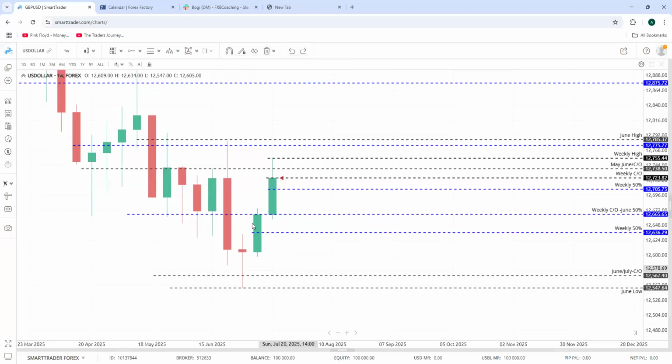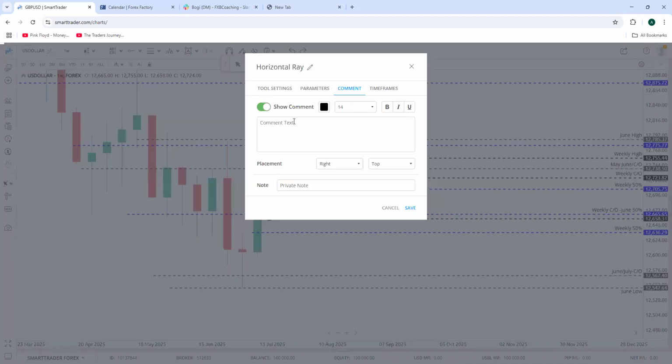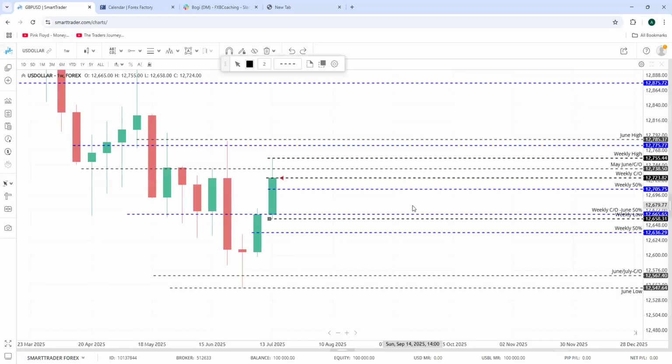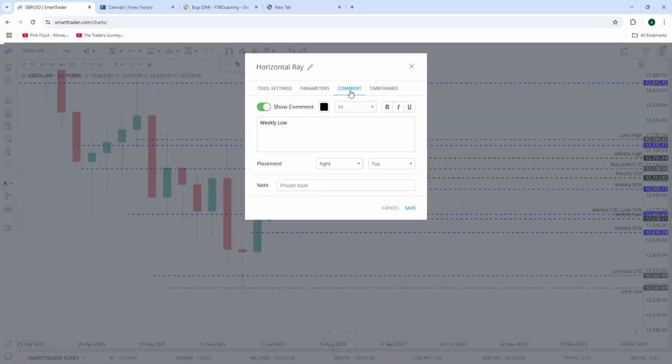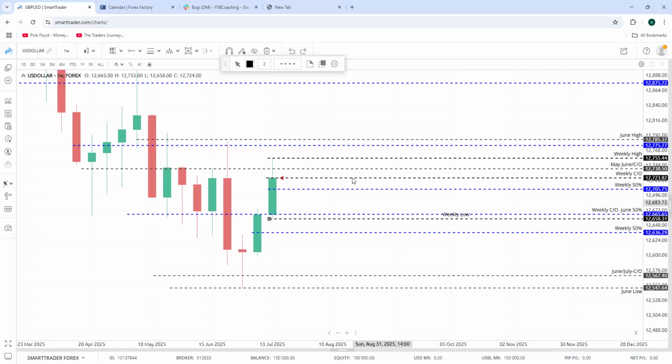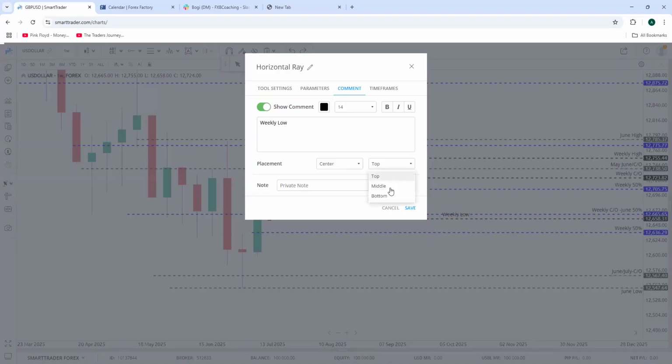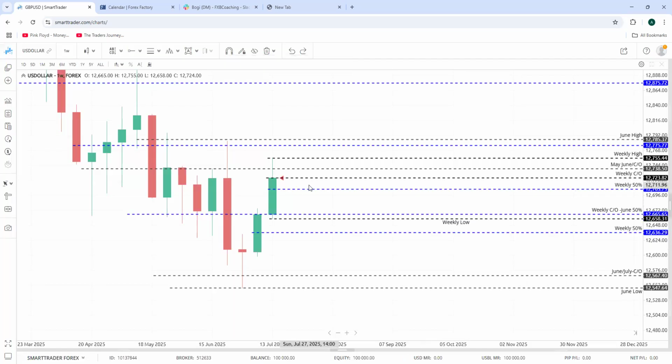And put the weekly low here, below. There we go, weekly low. All right, so that's all we need to do.